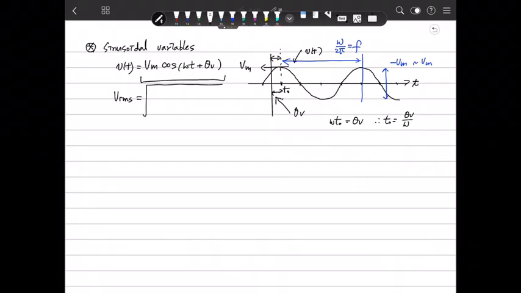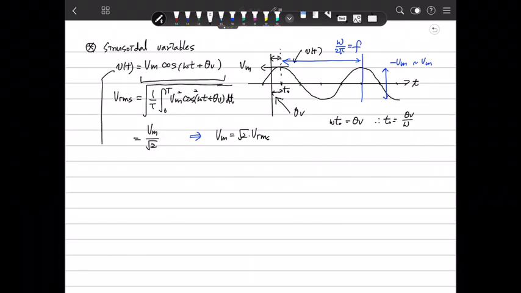The effective value is the RMS value: 1 over T, integral from 0 to T, of Vm cosine omega t plus theta v, squared, dt. After calculation, the result will be Vm, the peak value, divided by root 2. Therefore, the peak value is root 2 times V RMS.